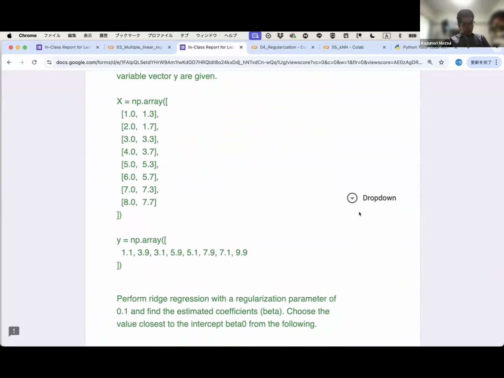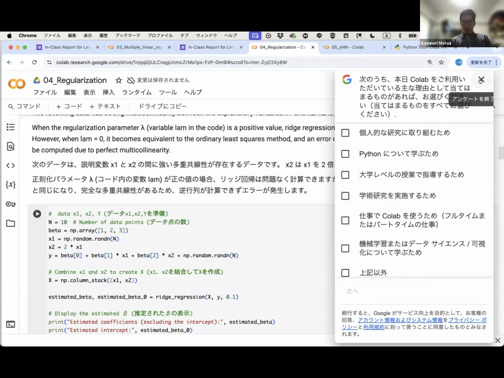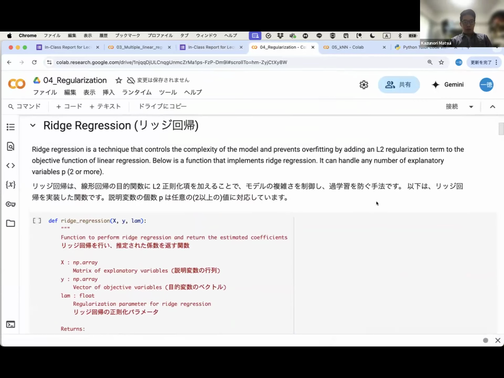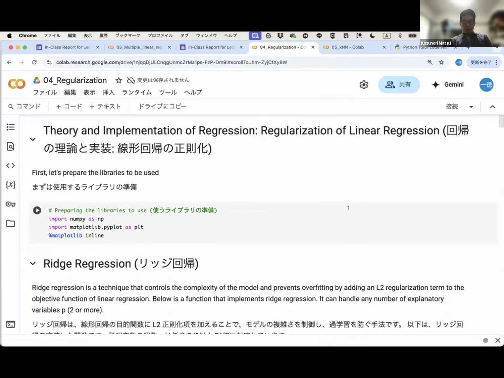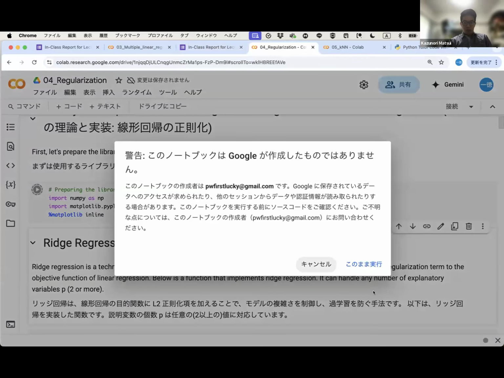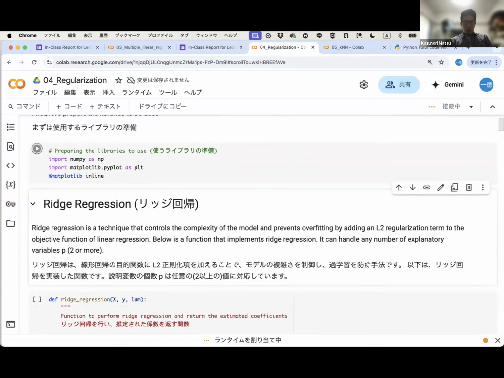The next problem asks us to estimate values for given data. Okay, execute.